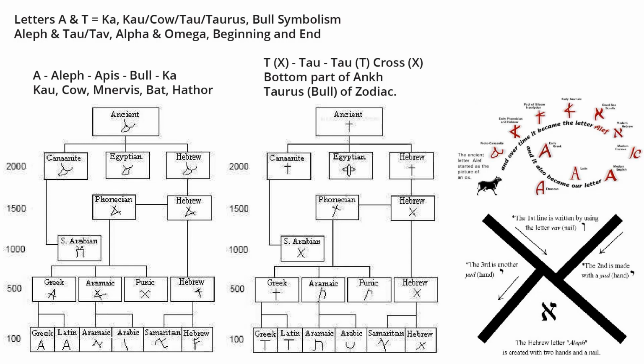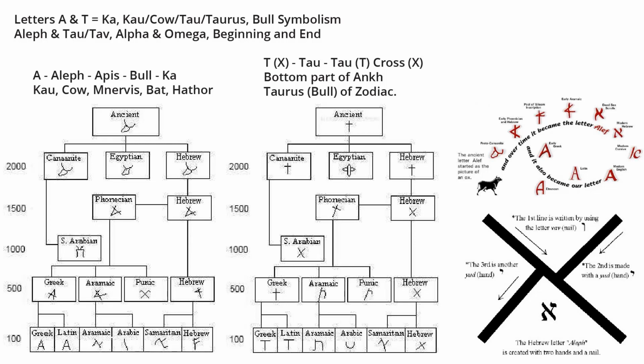Again, 2 hands of action with the nail to join them. And that looks like an X, looks like a cross. So even the A itself, at least in the Semitic symbolism, the Hebrew letter Aleph, it looks like a cross. It looks like an X. So the A, at one time, looked like an X as well. It comes from the bull.